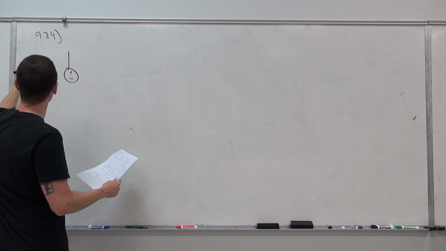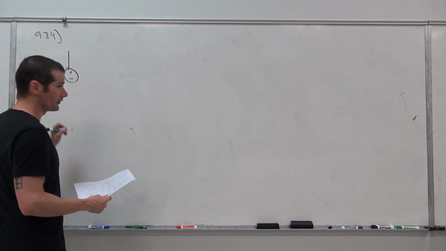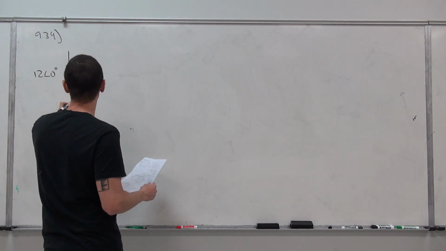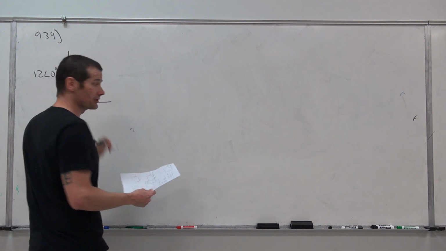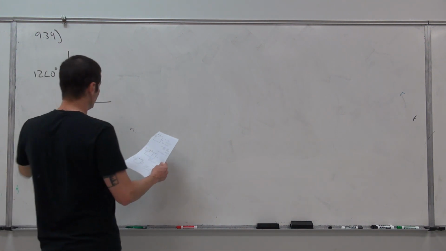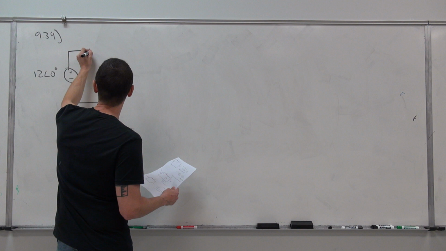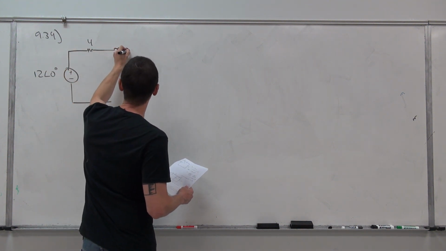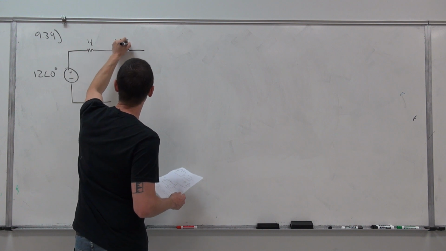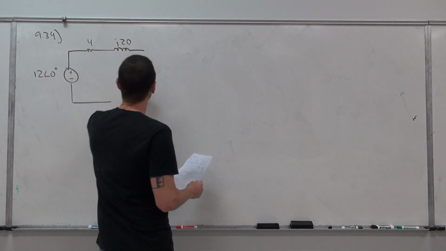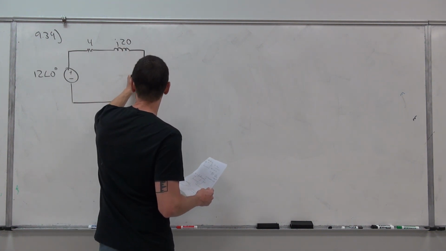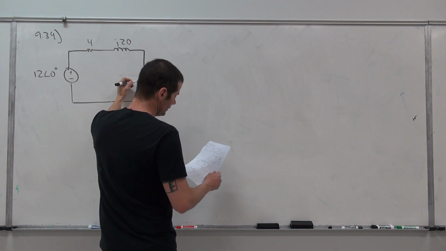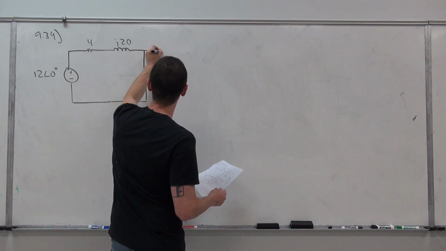So here we started off with 12 at an angle of 0 degrees. And here we had a 2-loop circuit in which one loop had most of the impedances, but then from the source we did have 4 and then an inductor of the value J20 ohms. And then a resistor of 16 ohms.